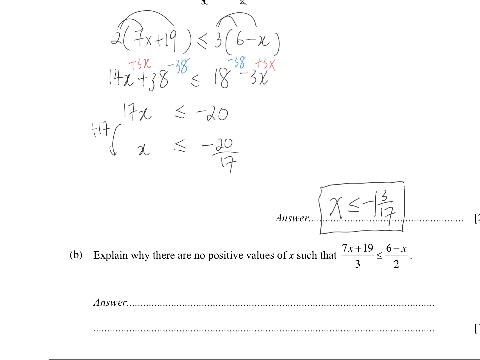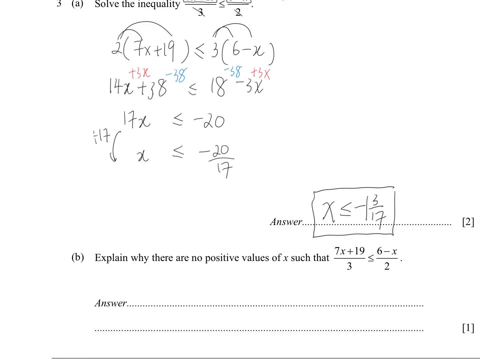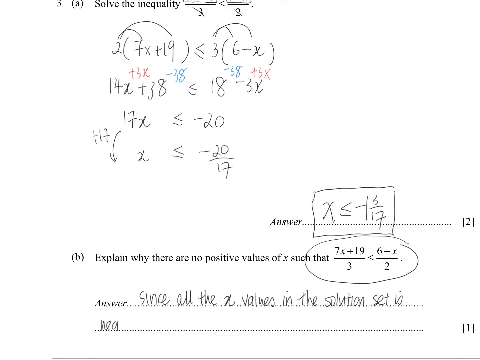Okay, next one. They say, explain why there are no positive values of x in this. So you can say since all the x values in the solution set are negative.